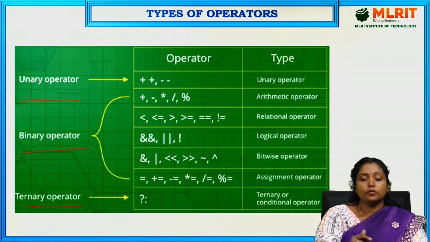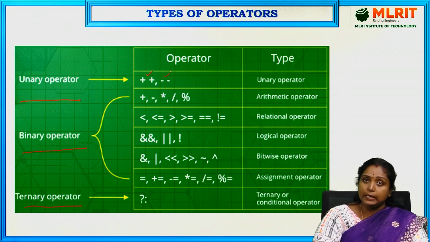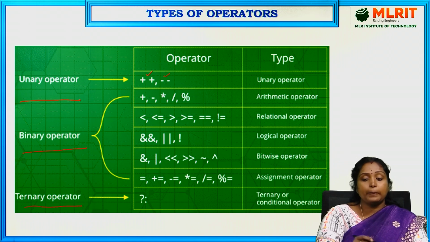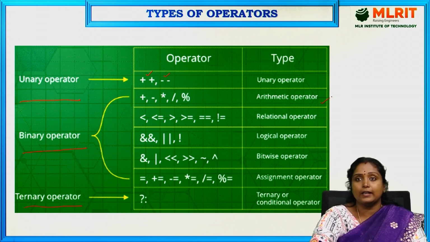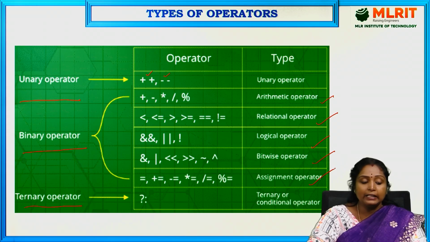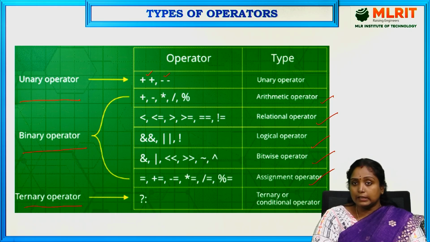Unary operators are divided into increment and decrement operators. Binary operators are divided into arithmetic operators, relational operators, logical operators, bitwise operators, and assignment operators. And the third, the ternary or conditional operator, is also there. So these are the types of operators in C language.